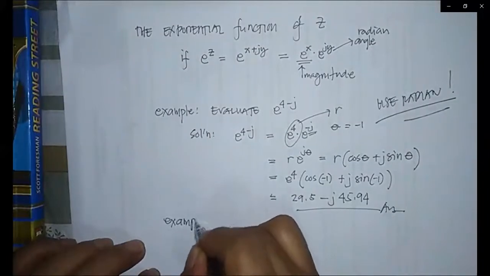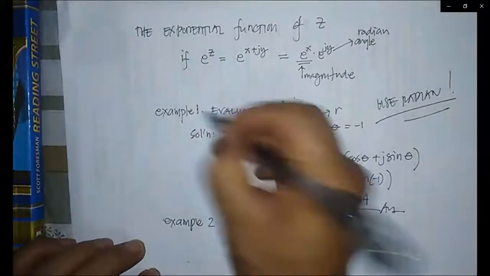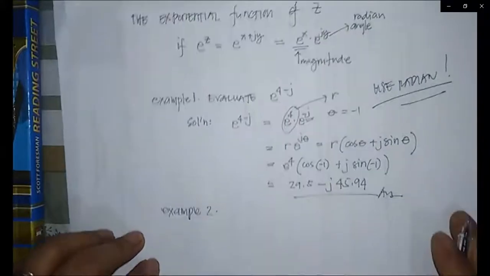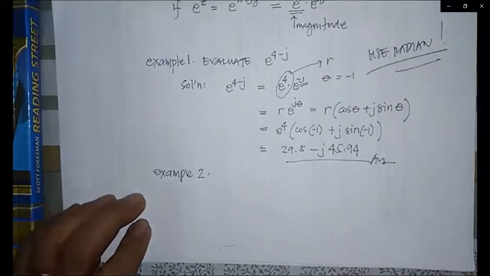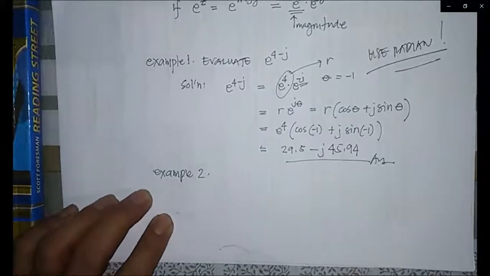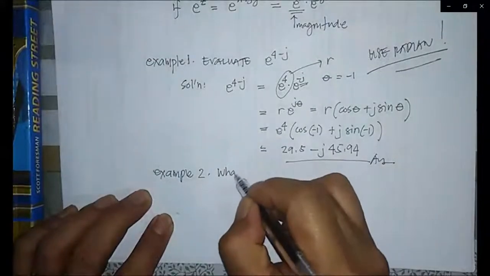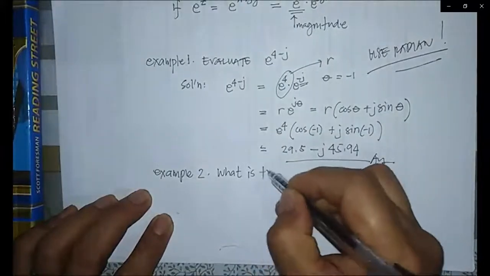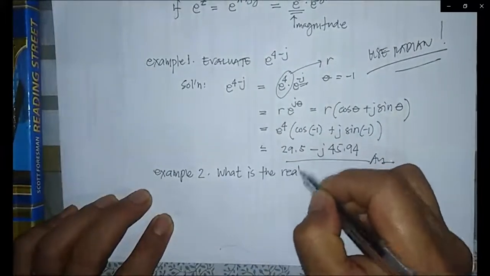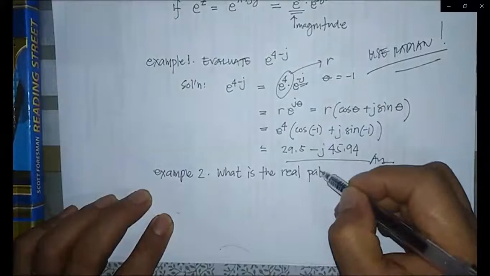So let's have that as example number 1. Again, for example number 1, you are going to check if this 29.5 minus j 45.94 is correct using your calculator.